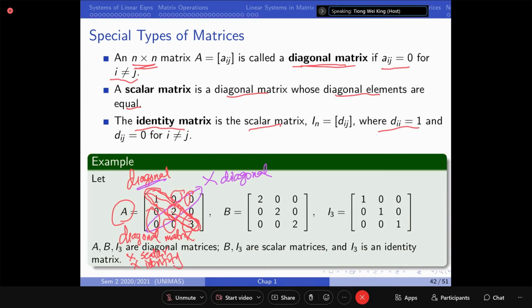For matrix B, again, only the diagonal has values and the rest are 0. So this is a diagonal matrix. And all the values are the same, 2, 2, 2, so this is a scalar matrix. But this is not 1, so this is not identity.